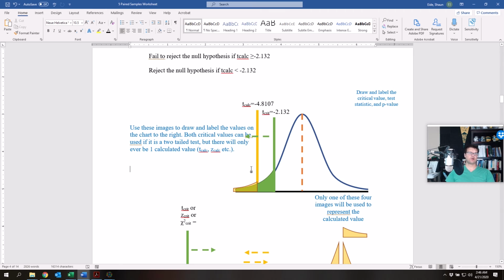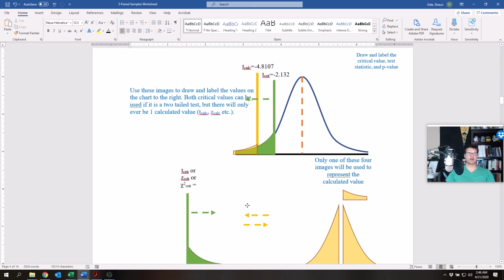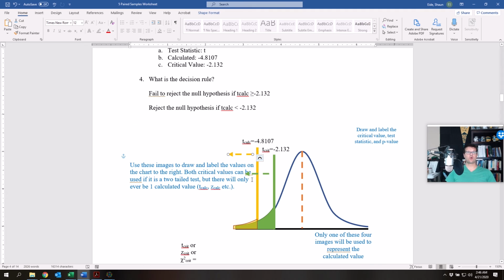We're going to reject the null hypothesis because anything in the green we can reject. So because the probability of randomly getting this outcome is associated with this value, it's going to be beyond the tcrit threshold.